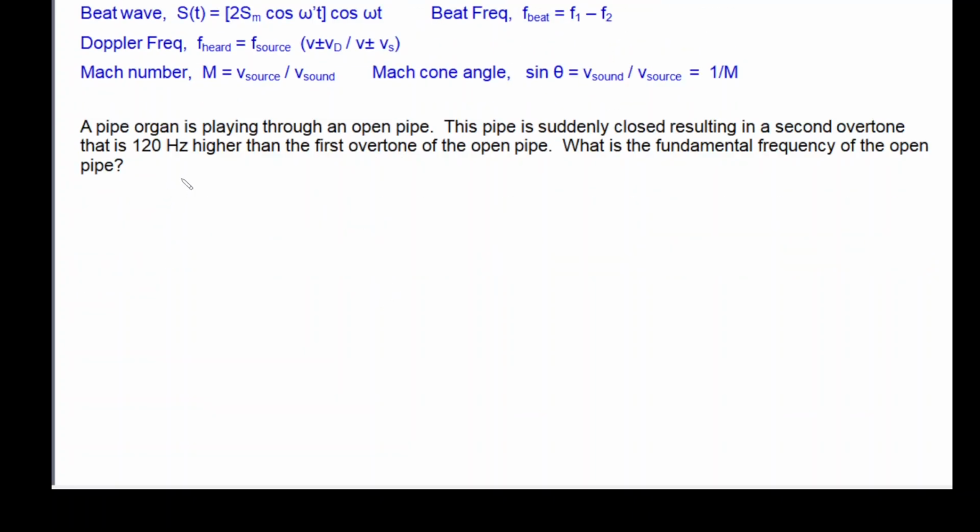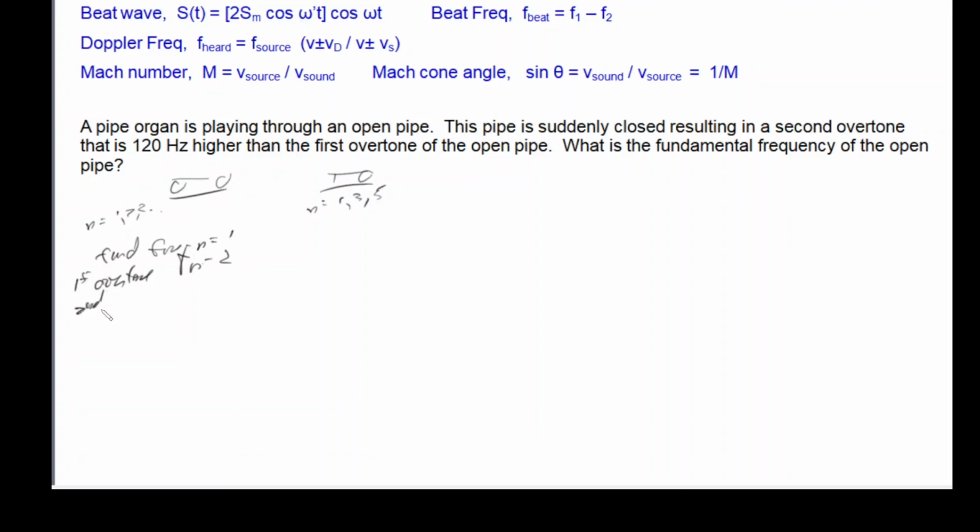When you have an open pipe versus a closed pipe, the harmonic number in the open pipe could be any number, whereas in a closed pipe it has to be an odd number. So the fundamental frequency of an open pipe would have n equals 1, and the first overtone would be n equals 2.